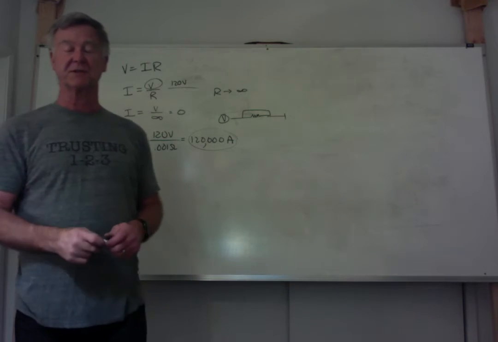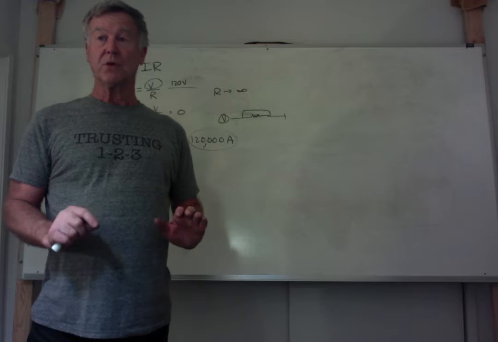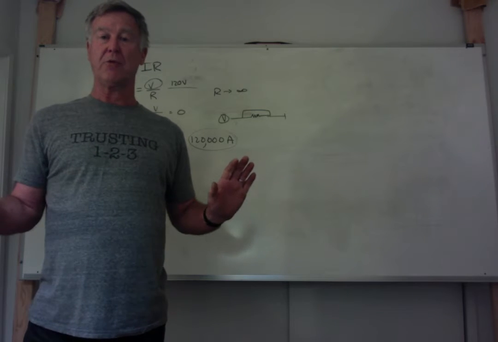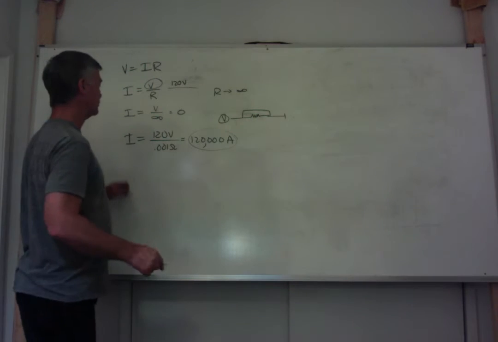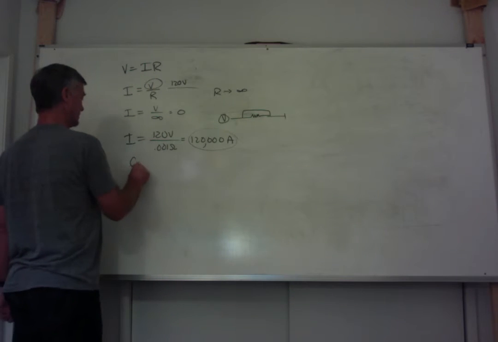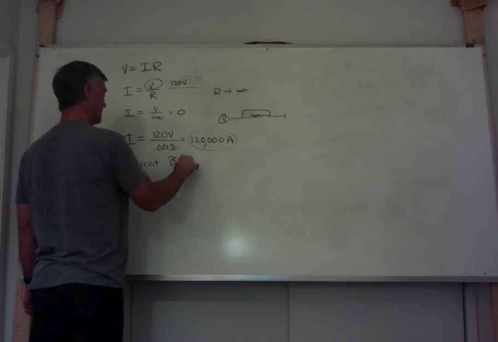You say, well, what difference does it make? 120,000 amps flowing would just immediately fry that wire, burn up that wire. And so in your house, you have something called a circuit breaker. In old houses, it's called a fuse box.